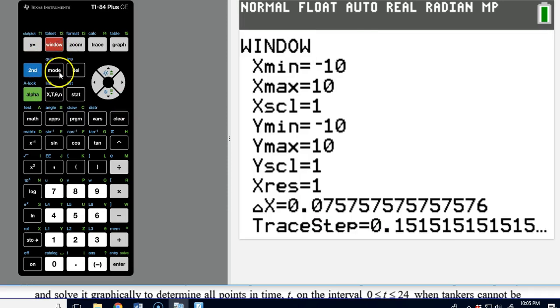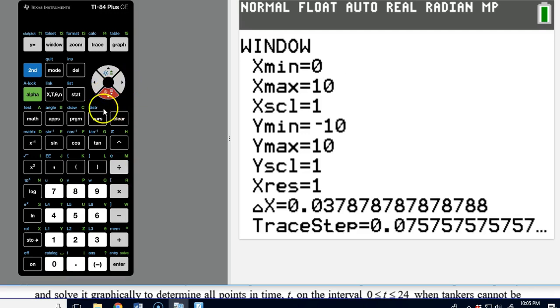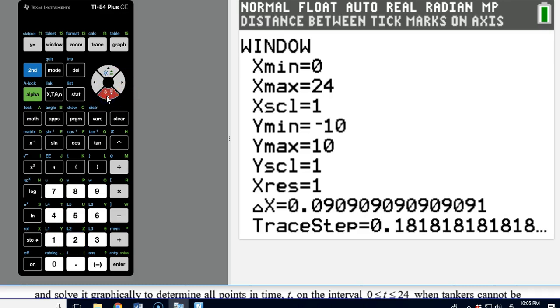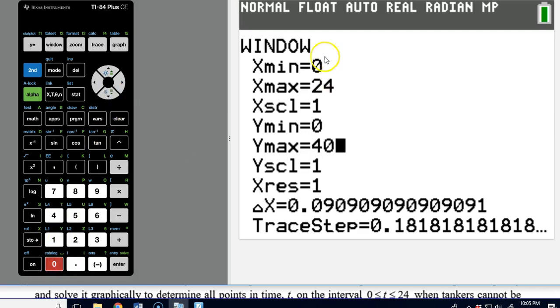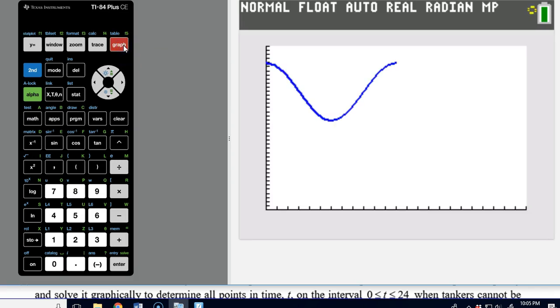Then I want to set up my window to match what was on my paper. So in the X direction, okay, so 0 to 24 in the X, 0 to 40 in the Y. Just hit graph. There's that nice graph.